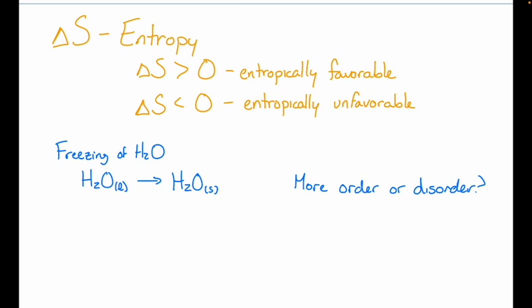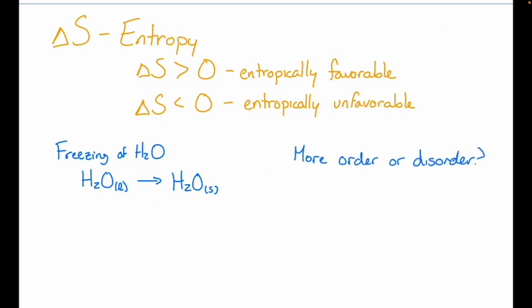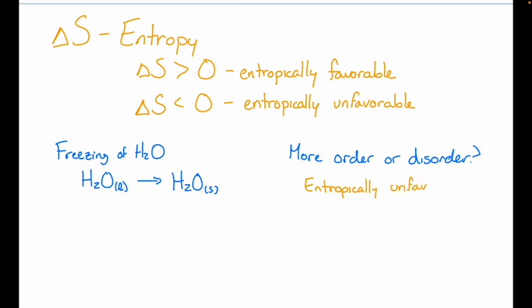If I take liquid water molecules and they freeze into this solid form here, have I created a more ordered state or a more disordered state? More ordered, and the universe hates order. All right, so this would be an example of an entropically unfavorable process.